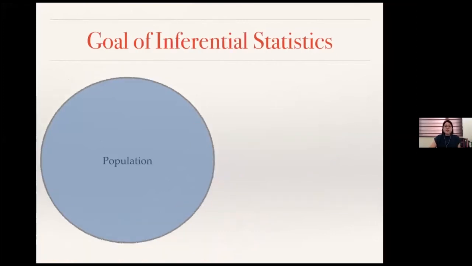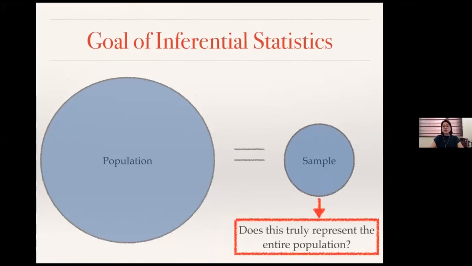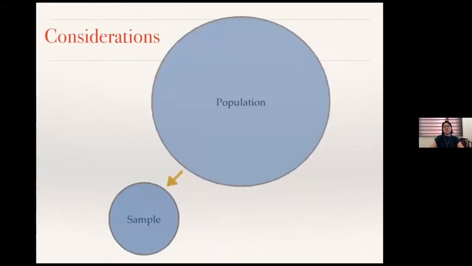For inferential statistics, on the other hand, what we want to find out is if this sample is the same as or representative of the entire population. So does this small group truly represent the entire population? That's the main goal of inferential statistics.